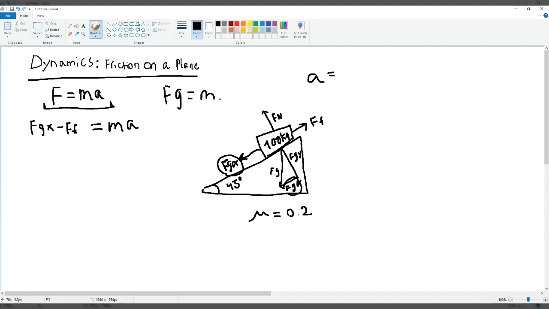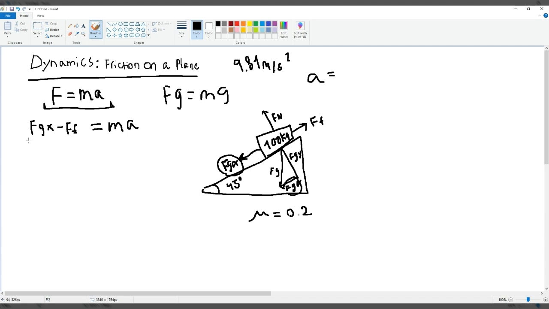Okay, well, force of gravity is defined as mass times the gravity of Earth, which is 9.81 meters per second squared. And our mass is whatever mass we have.